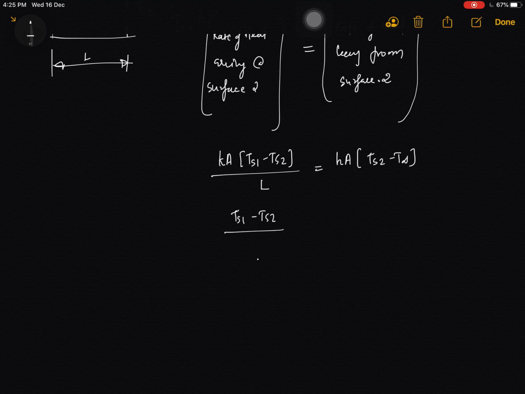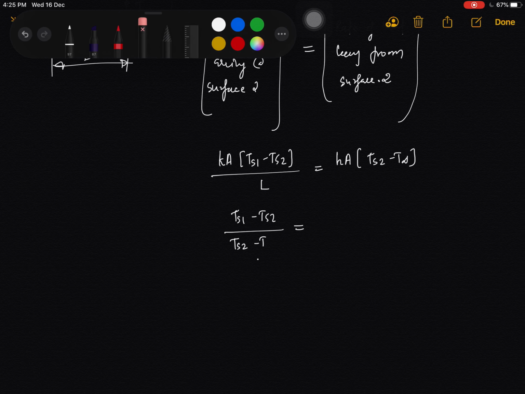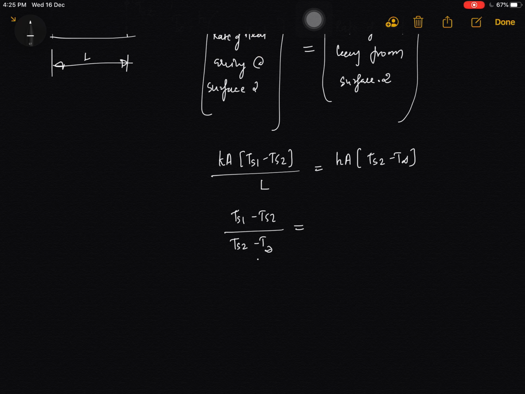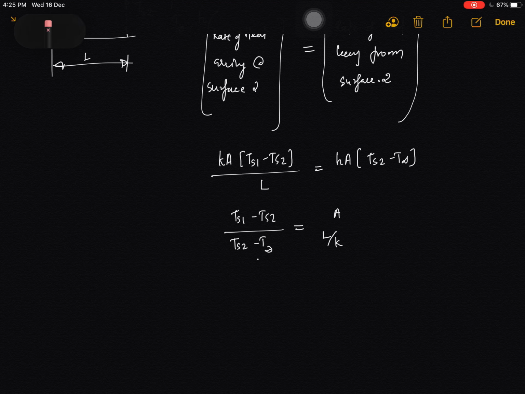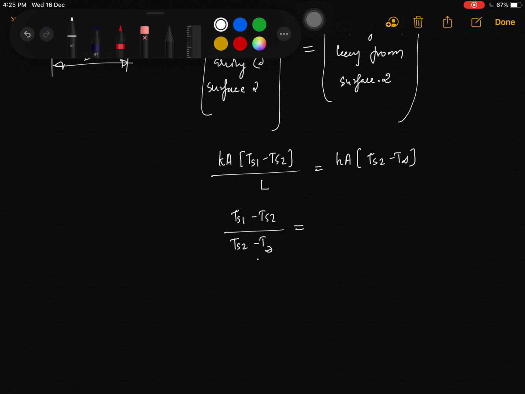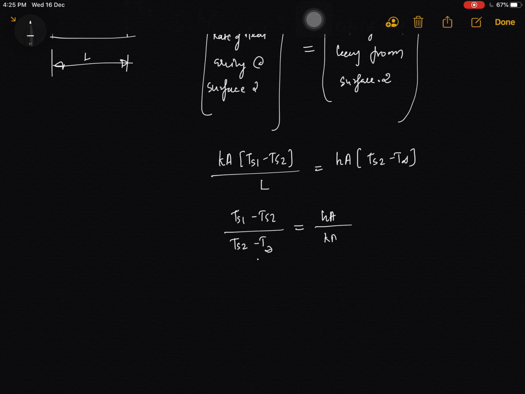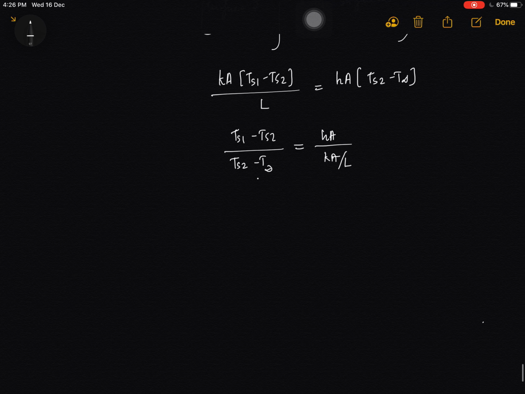With some mathematical manipulation, we can write (Ts1 minus Ts2) by (Ts2 minus T infinity) equal to hA by (kA by L).